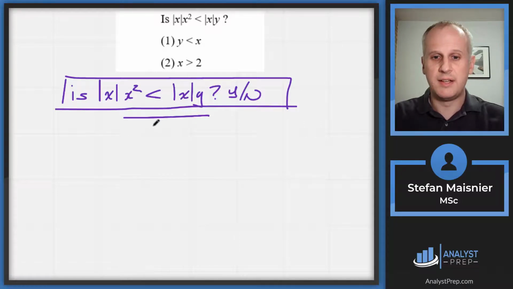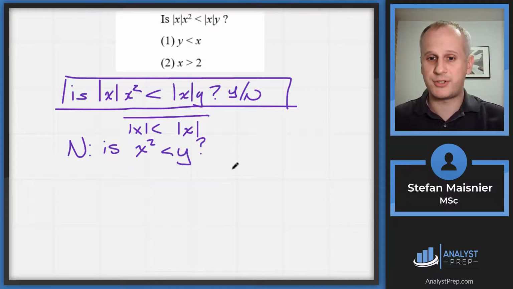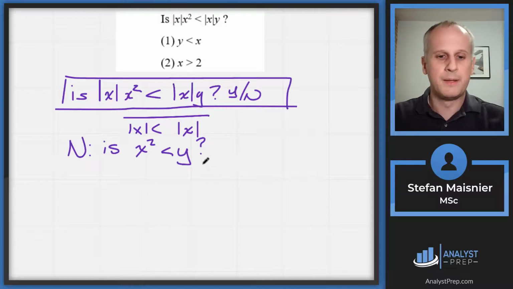So we can divide the whole inequality on each side by absolute value of x, which simplifies what we need to determine, which is: is x squared less than y? That's our question ultimately that we need to have answered in order to determine a definitive answer of always yes or always no to the question above of is the absolute value of x times x squared less than the absolute value of x times y. So we'll move on to condition 1.